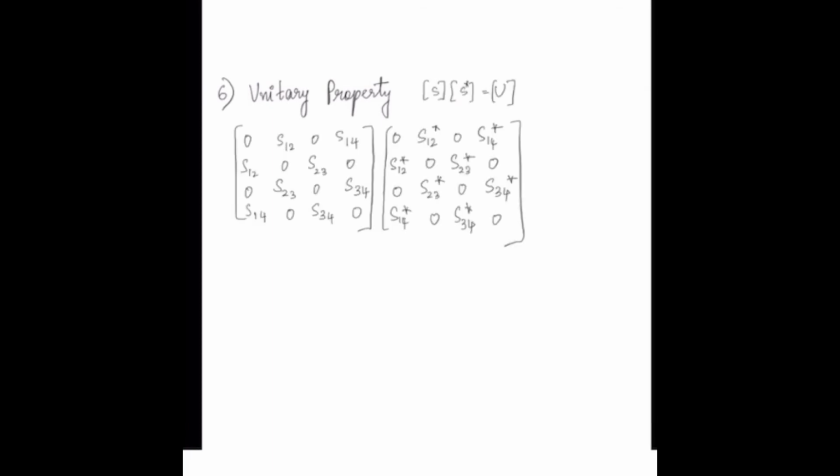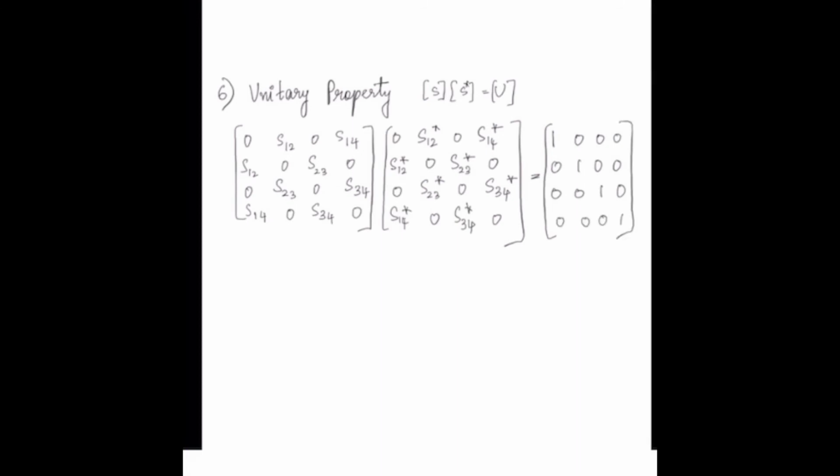The unitary property can be applied to the S matrix. As per the unitary property, the product of S and its conjugate transpose is equal to the unitary matrix. So the matrix S times its conjugate will be equal to the unitary matrix.